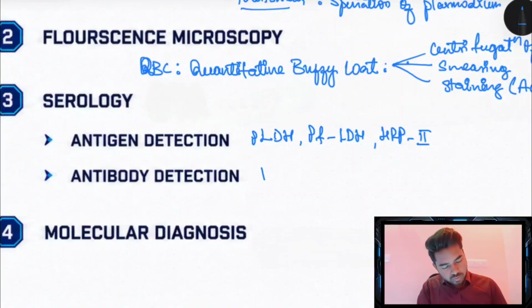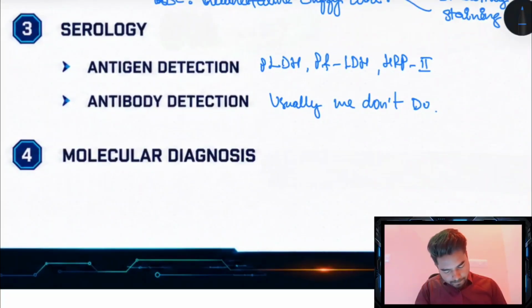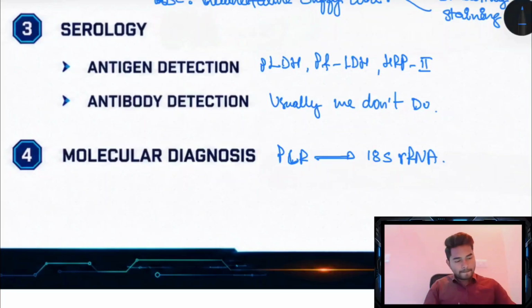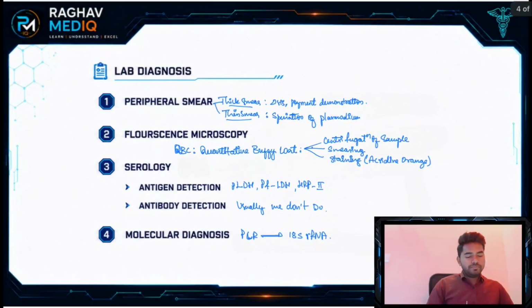Usually we don't do it. For molecular diagnosis, we'll use PCR method. PCR will detect 18S rRNA. Next, this is about microbiology of malaria.